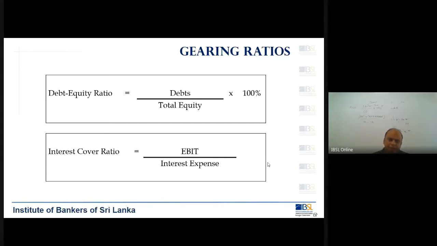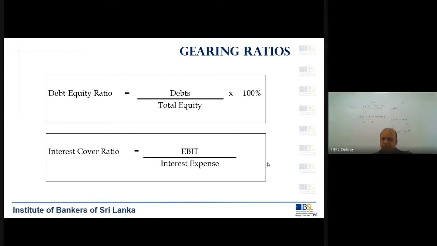Then relating to the same, when you borrow money, what will happen? You have to pay interest. So how much you are capable of repaying this interest, that is what the interest cover ratio is. In order to calculate the interest cover ratio, again we are using the same item, which is called the EBIT.